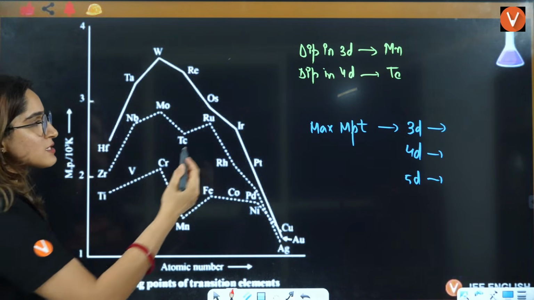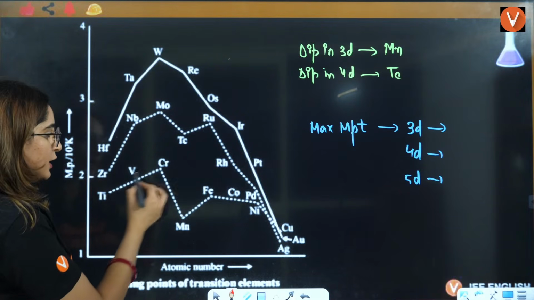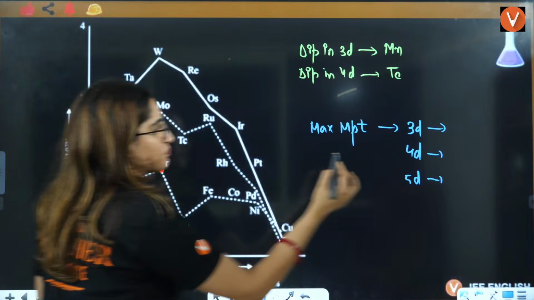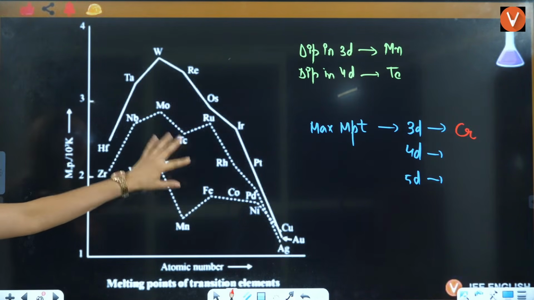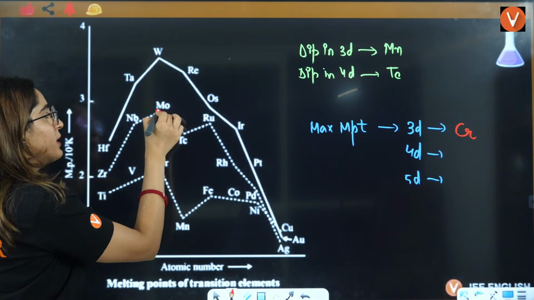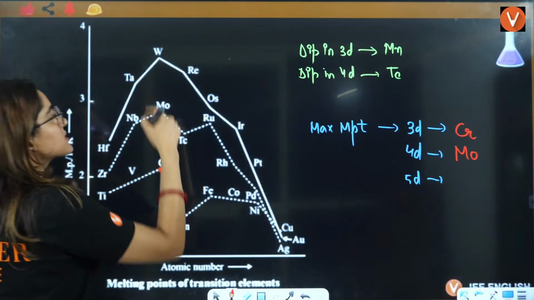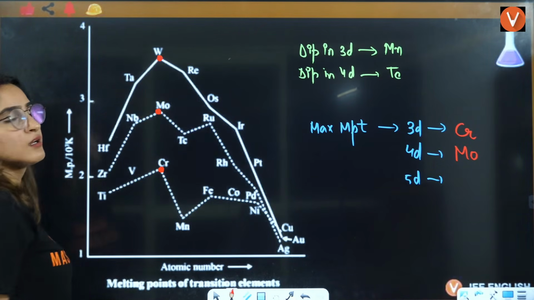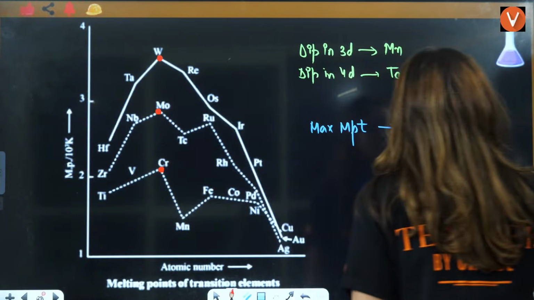So this is the maximum melting point for the 3D series. Can you see this over here? Chromium. Yes. The maximum melting point for the 4D series is molybdenum. The maximum melting point in the 5D series is tungsten, right?